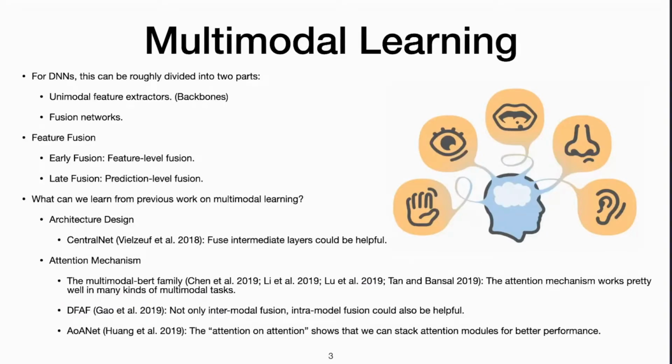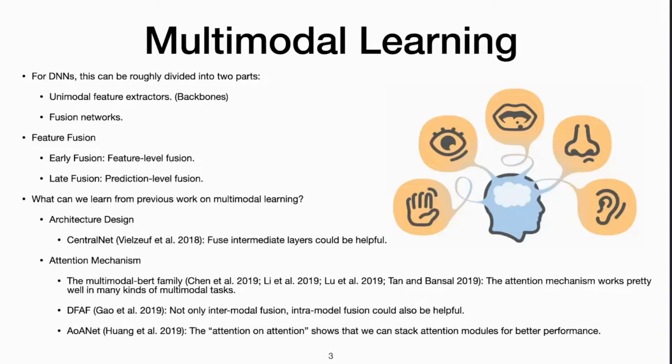And now let's talk about multimodal learning. As we all know, humans naturally perceive things in a multimodal way, but for deep neural networks, this needs to be broken into parts. So first, we usually need unimodal feature extractors, which we call backbone models. It means for each modality of data, you need a separate model to extract features.